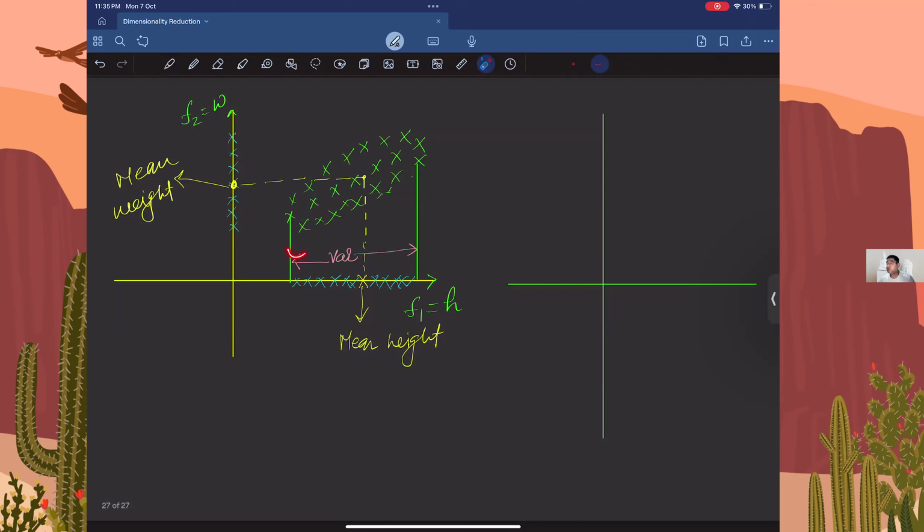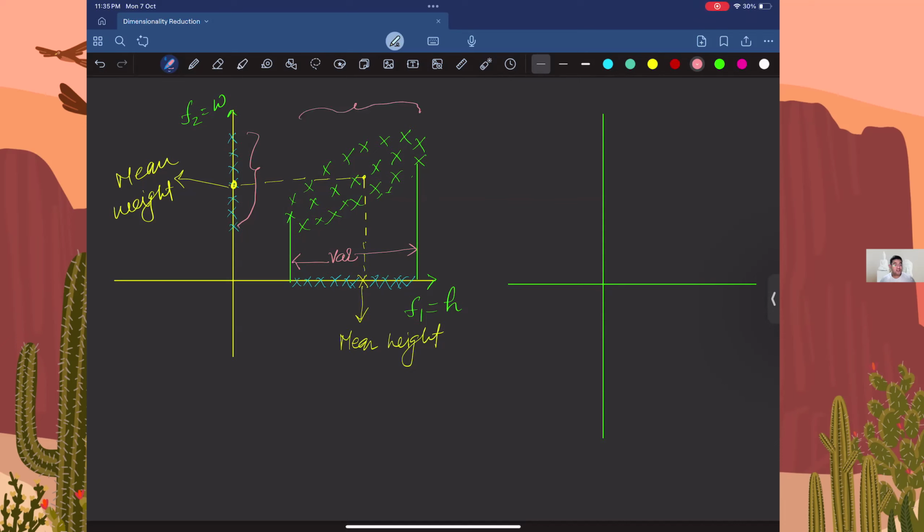That is, this is the spread of my data. So what is the spread of my data on the x-axis? This is the spread of the data on the x-axis. And this is the spread of the data on the y-axis.